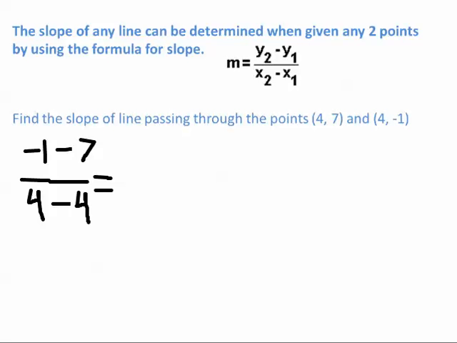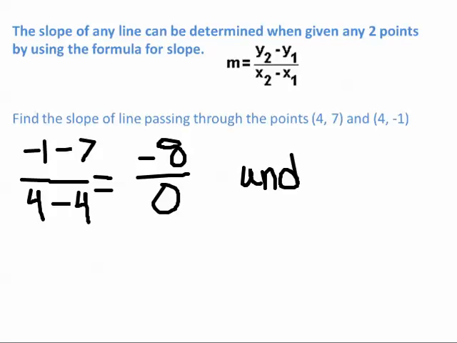I have -1 and -7. That's going to give me a -8 over 0. Now then, with fractions, you cannot have a 0 in your denominator. So your slope on this one is undefined, and you can just write UND, undefined.